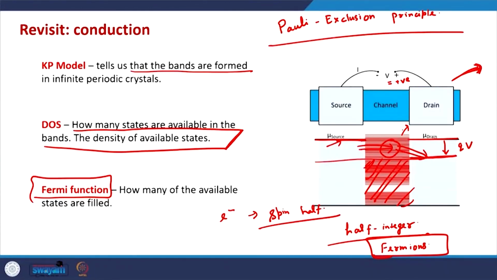Because of this, if we have a large number of fermions in a system, which is generally the case, for example, in solids we have a huge number of electrons, even in a small channel, then because of Pauli's exclusion principle, they will occupy various states in a certain way. So, they will follow a certain distribution function which is known as the Fermi Dirac distribution function, or simply the Fermi function.